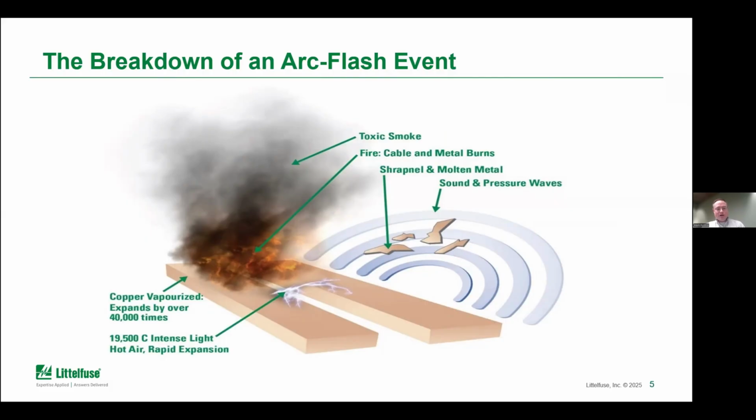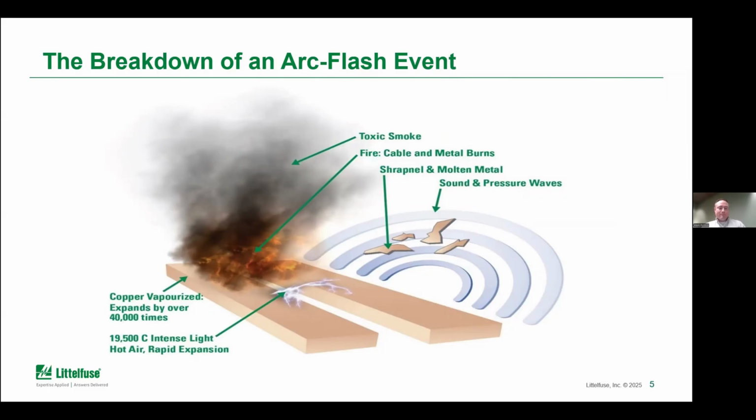And as each of those copper particles changes right from a solid to being vaporized, that expansion in volume can be up to 40,000 times. So you can see how it really generates a massive pressure buildup inside that equipment. And as that occurs, then you have pieces of the panel breaking apart and really being sent out like shrapnel.